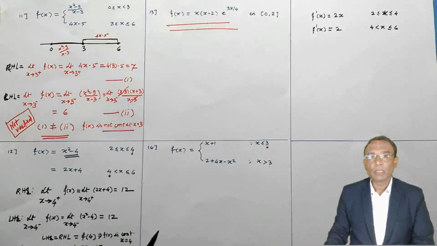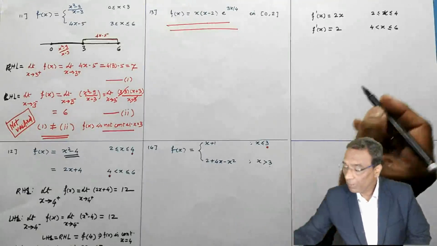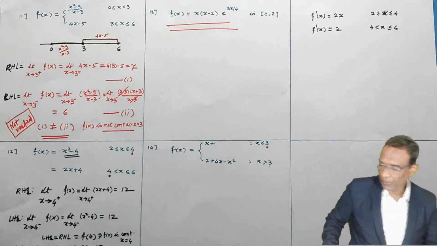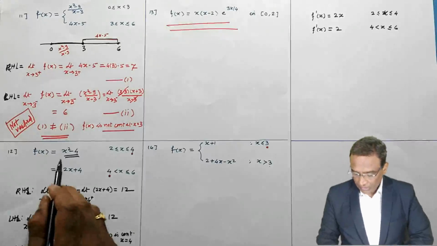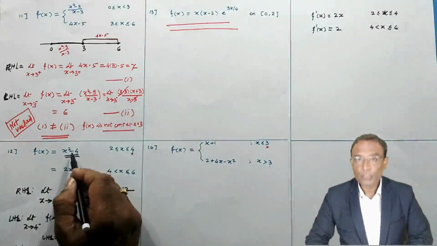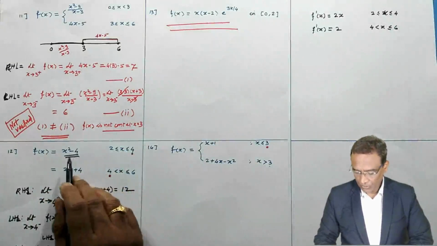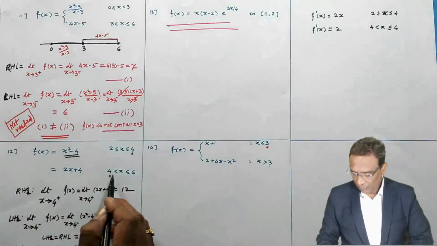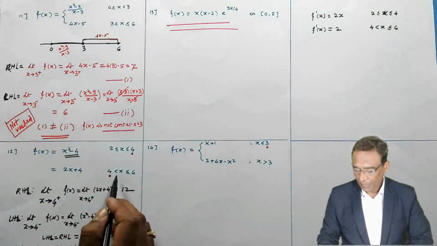Now, whether the function is differentiable in the open interval 2 to 6, that we are going to check. This is a polynomial function, so it is differentiable in this part of the interval, and this is a different polynomial function, differentiable in this part of the interval.